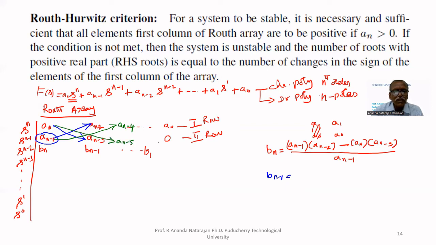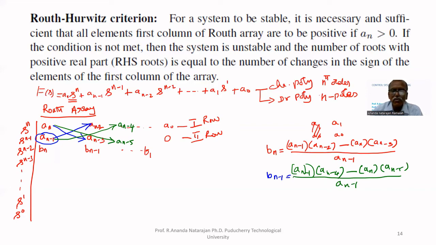So b n minus 1 equals a n minus 1 multiplied by a n minus 4, minus a n multiplied by a n minus 5, divided by a n minus 1. That is b n minus 1.